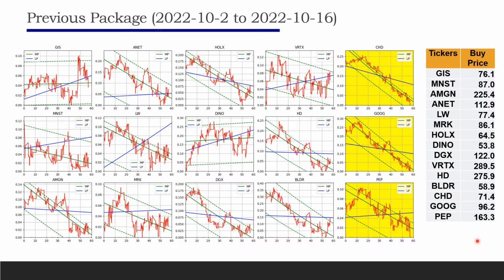What I usually do is replace the previous package with the new package one by one. I sell one stock from the previous package and buy one stock from the new package, in order to avoid being out of the market completely for some hours.